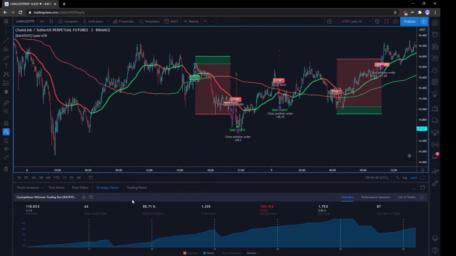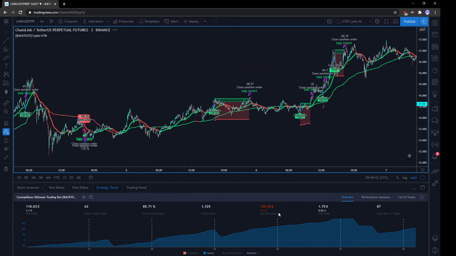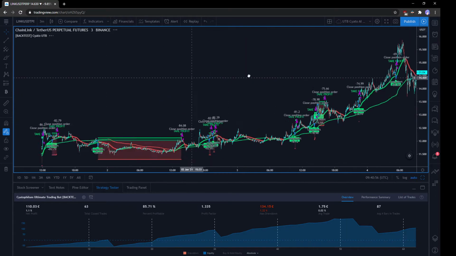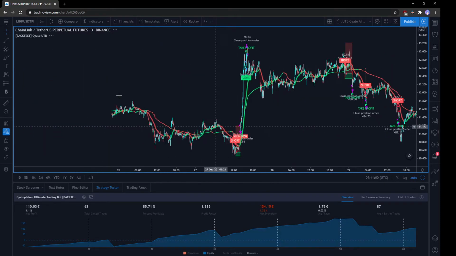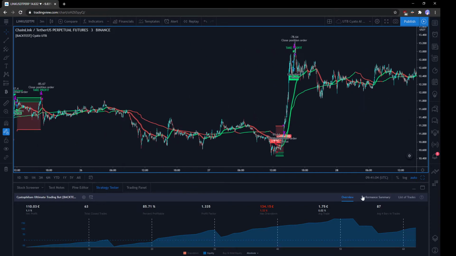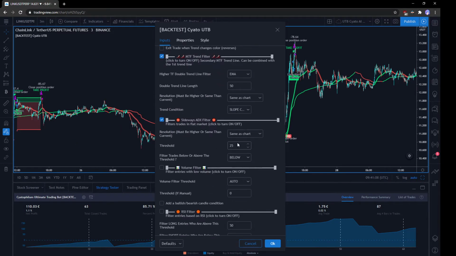So we have a nice win rate, but once again, I think we can increase the profit factor by using perhaps some safety orders. We can also try to increase the ADX filter a bit.